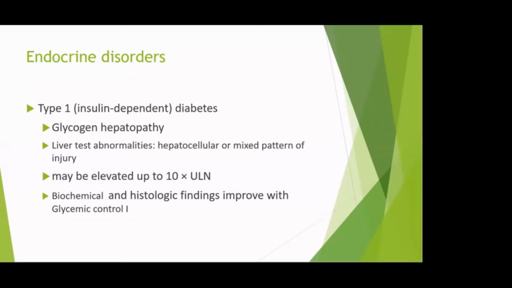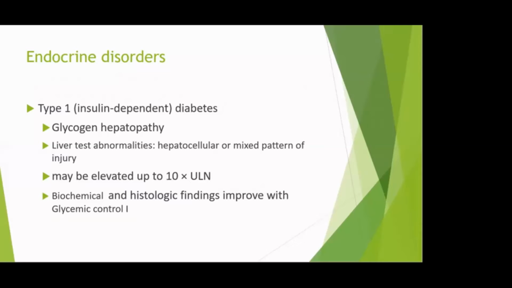Type 1 insulin-dependent diabetes is associated with hepatomegaly and liver test abnormalities. Usually you also see a bright liver on imaging here, not because it's filled with fat, but because it's filled with glycogen, so it's also called glycogen hepatopathy.